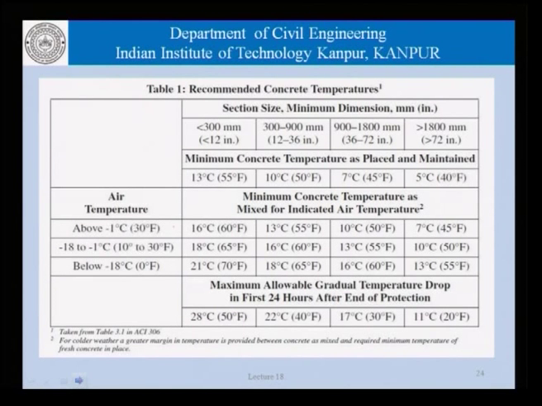Depending on the air temperature, whether it is above -1, between -18 to -1 and below -18, depending on the section size or the minimum dimension of the member in millimeters, let us say less than 300 or 300 to 900 and so on, this table gives us the minimum temperature of concrete as mixed. Then there is the temperature as placed and maintained.